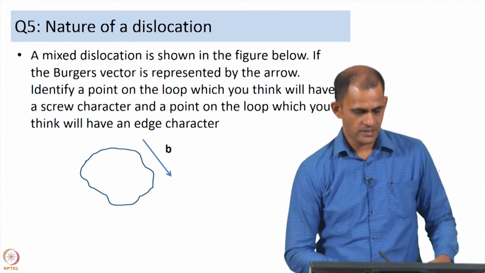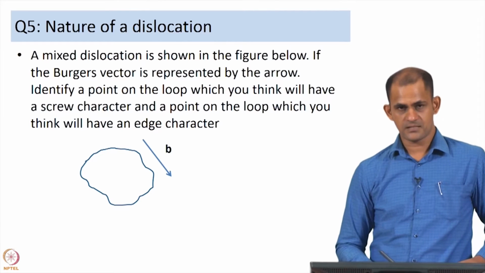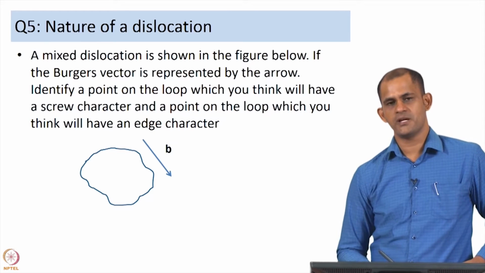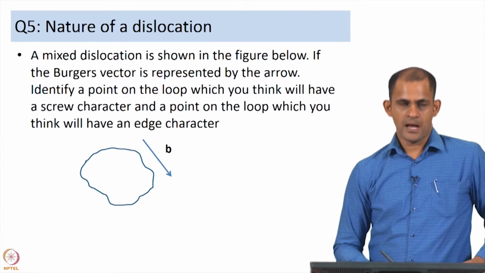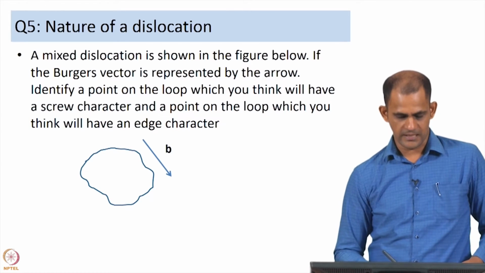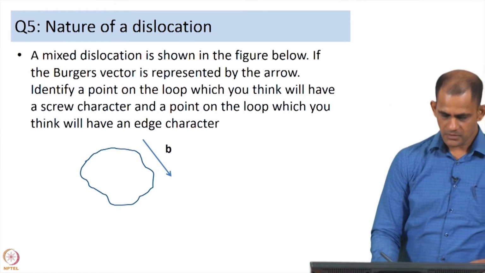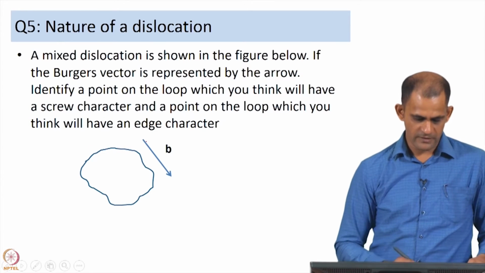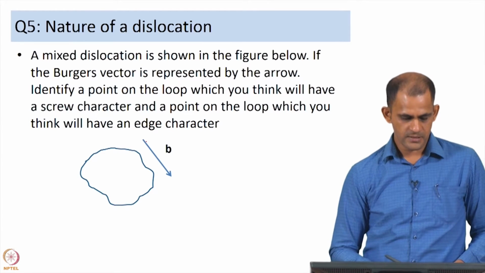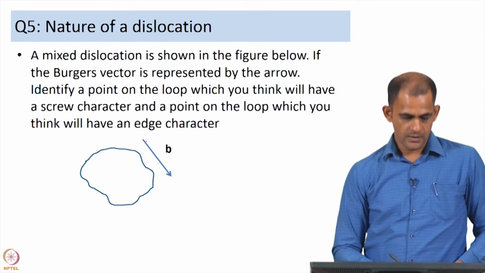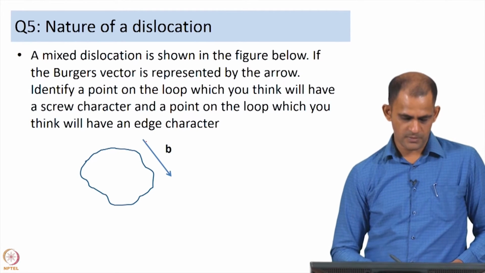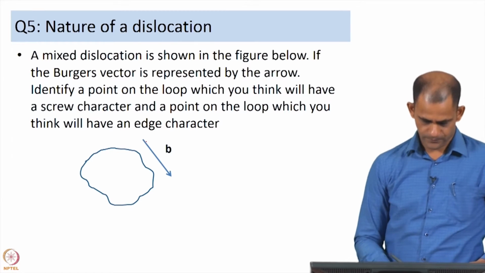The characteristic of an edge dislocation is that the Burgers vector is perpendicular to the dislocation line, and a screw dislocation is one where the Burgers vector is parallel to the dislocation line. Now let us look at this loop. There are several points, but let us look at a couple of points. Which point do you think will be approximately parallel to the Burgers vector?